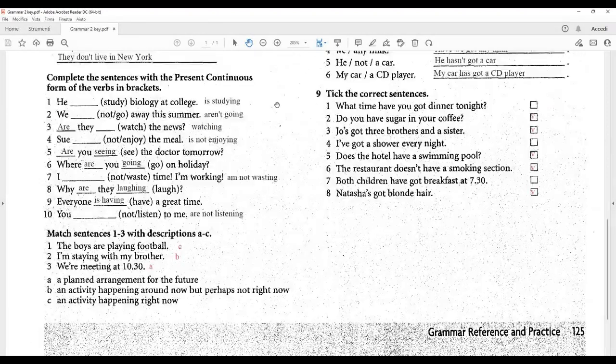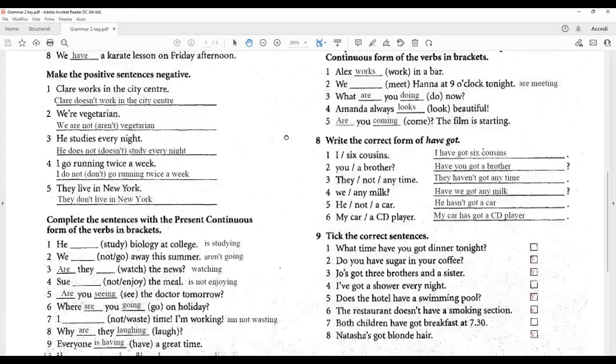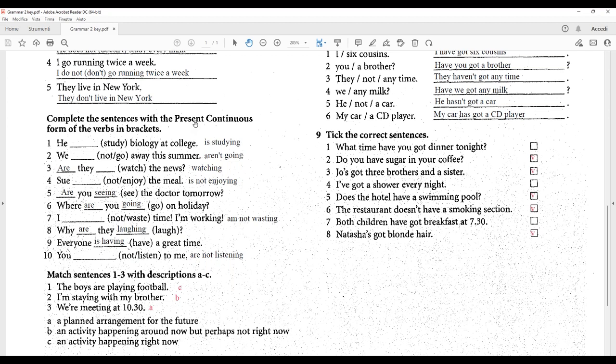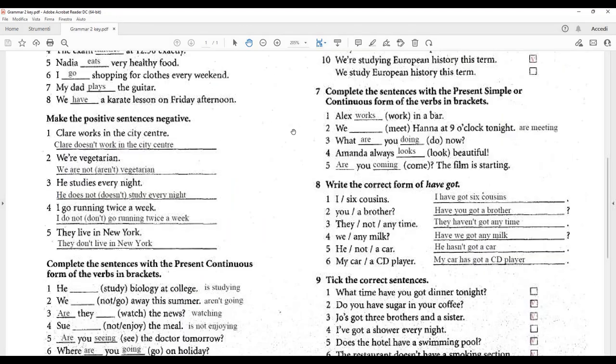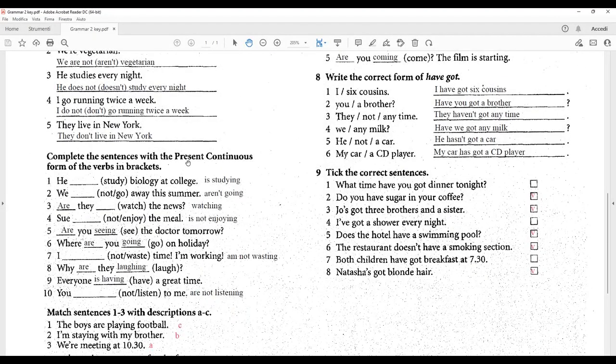And I don't think that there were some other big problems here other than understanding the difference between a present continuous and a present simple. Remember, continuous means the action is happening right now, in this moment.